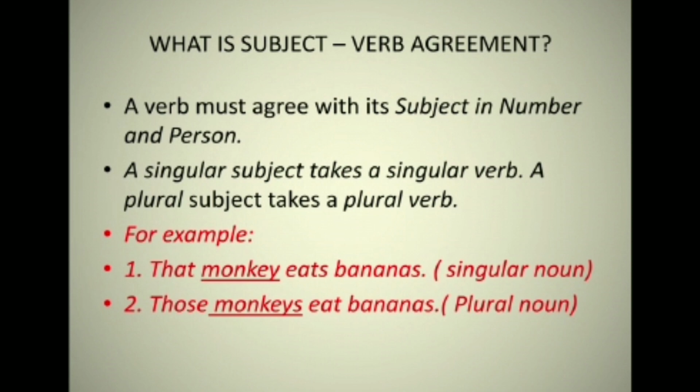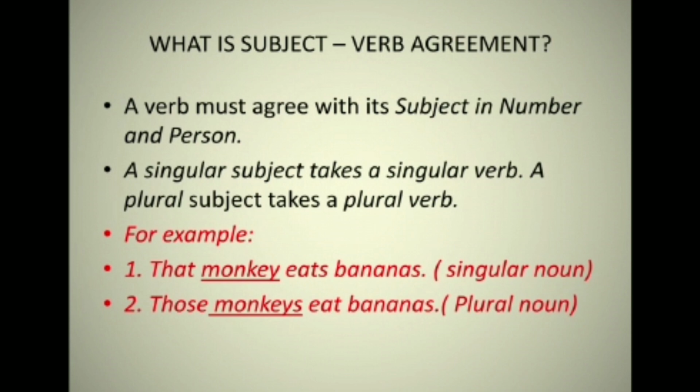Verb means an action. In this sentence, the subject is a singular noun, meaning we are talking about one monkey. So the verb also needs to be singular, that will be eats. But in the second sentence, we have a plural subject, monkeys, and a plural verb, eat.